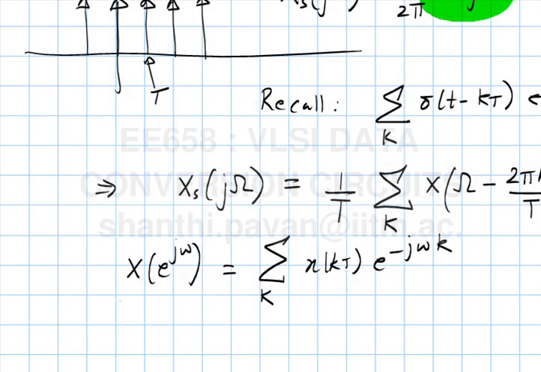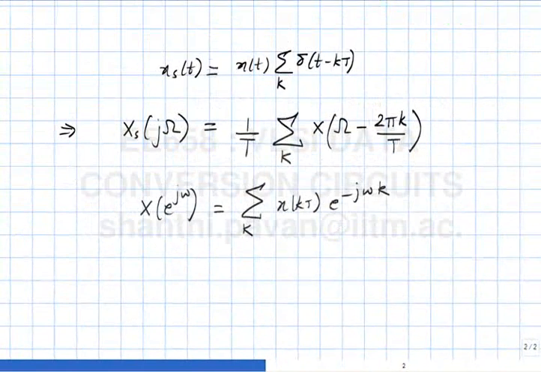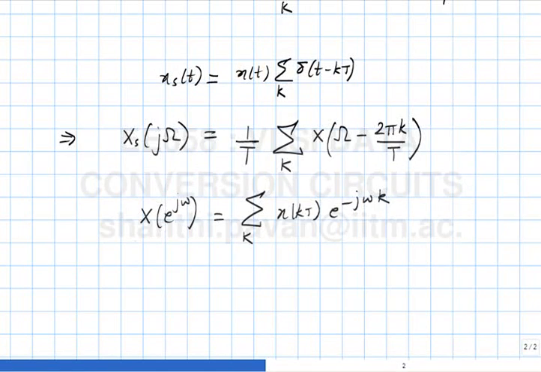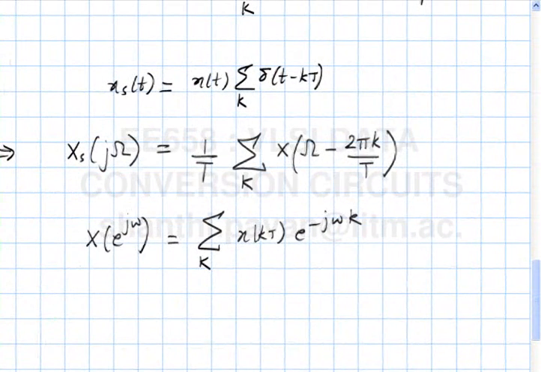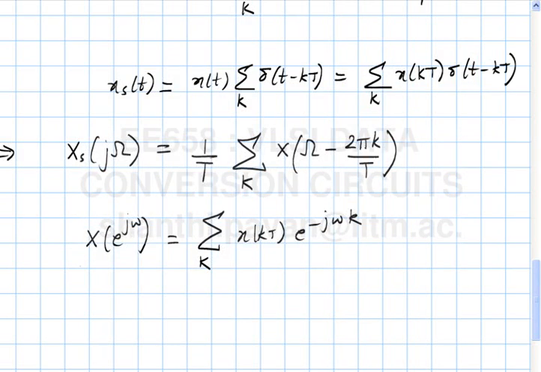Okay. So if you compare these two expressions, this is what we have learned so far. Xs of t is x of t times the sum of delta of t minus kT, which is equivalent to saying it is nothing but the sum of x of kT delta of t minus kT. Correct?